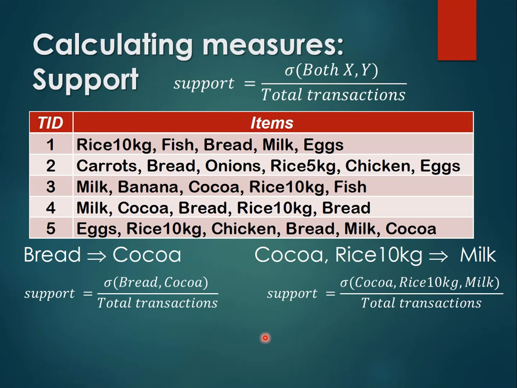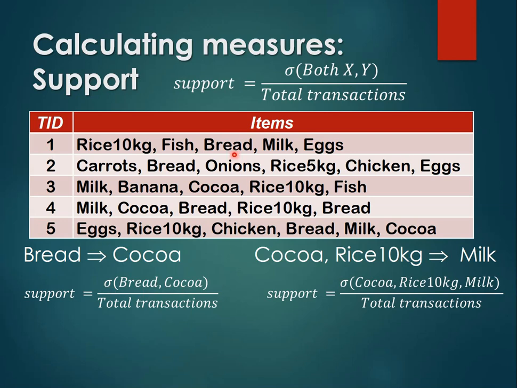Let's look at these measures, starting with support. The formula is given. The support equals the support count for both X and Y divided by the total number of transactions. We have 5 as the total number of transactions, so our denominator will be 5. And the support count for bread and cocoa: how many transactions contain both bread and cocoa together?